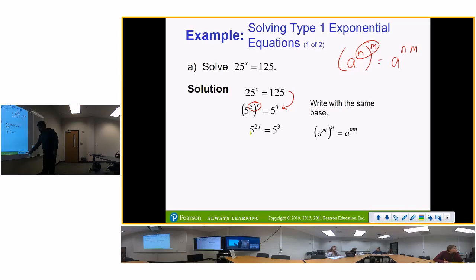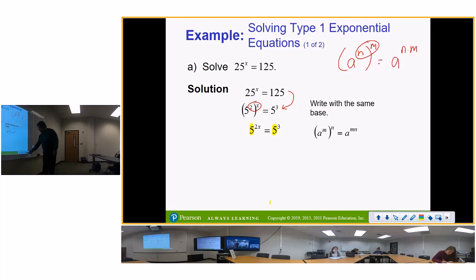What do they represent? The 5s represent the same what? Base. Does everybody understand that? Yes or no? Yes. I got 1 yes. Thank you. 2 yeses. All right. So if I have the same base, then I can set the exponents what to each other? Equal.